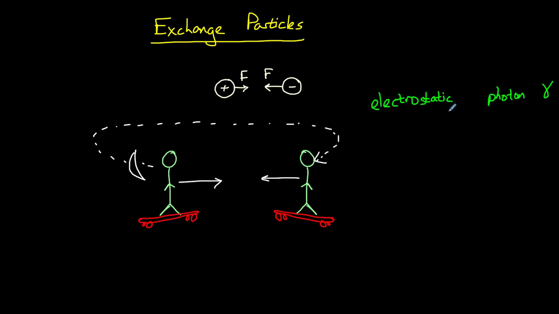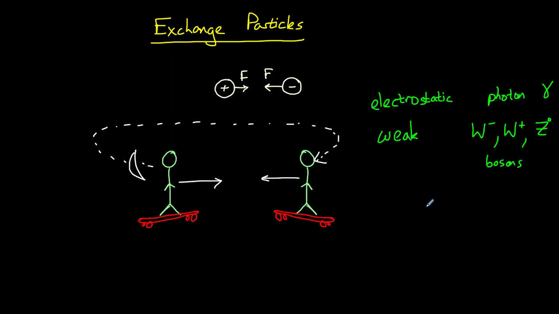We've already met that the electrostatic force is mediated by the photon as an exchange particle, but the weak nuclear and strong nuclear forces also have exchange particles. In the case of the weak nuclear force, the exchange particle can take the form of a W minus, a W plus, or a Z0 boson.